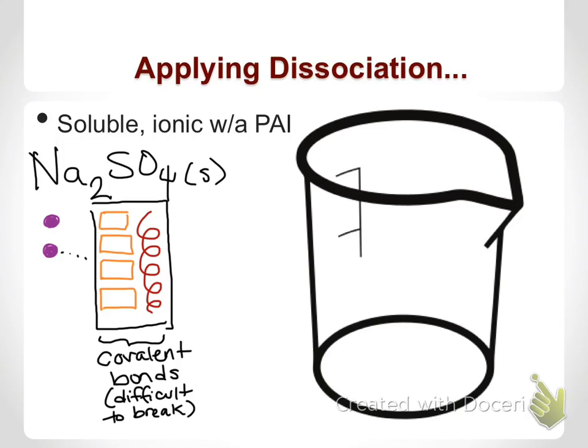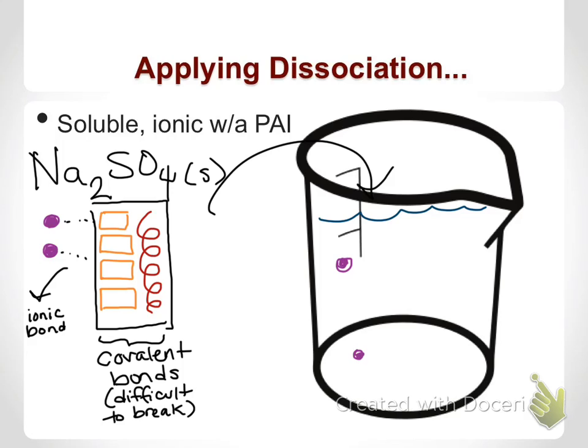These bonds, however, those ionic bonds, are much easier for water to get in and break. So if this goes into our water, again, I'll make this look like it's water here, and we did talk about this a little bit on Friday too, then what we're going to see is the sodiums dissociate one from the other, and they are also going to dissociate from this entire black box full of stuff.